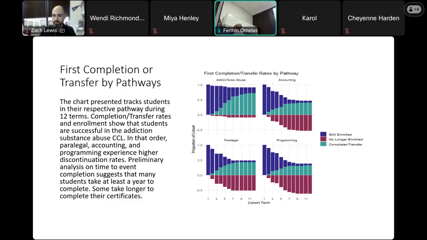In fact, some of them go beyond the 12 terms. We didn't have a way to know that far because we didn't go that far, but some of them have even taken up to 3, 4, 6 years to finish. Can we go forward, Zach?